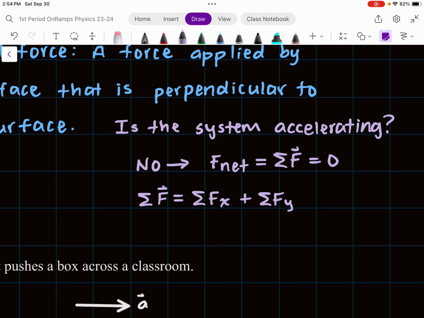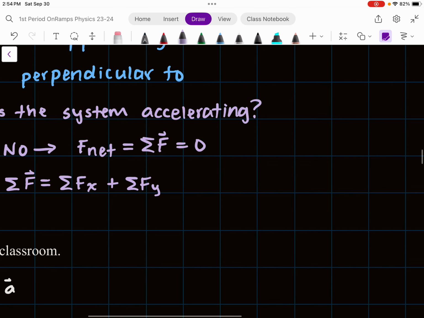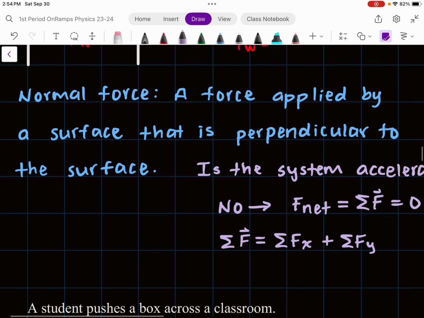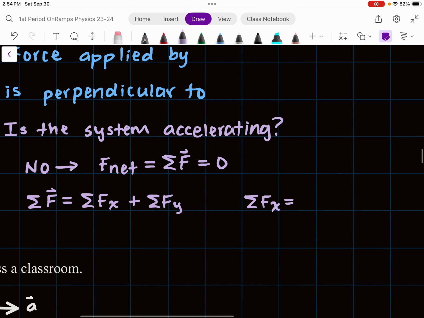So let's start with the summation of forces acting along the x direction. That's horizontal forces. Well, there's none. No push, no nothing, right? There's no forces acting horizontally. So that means the summation of the forces along the x is 0.